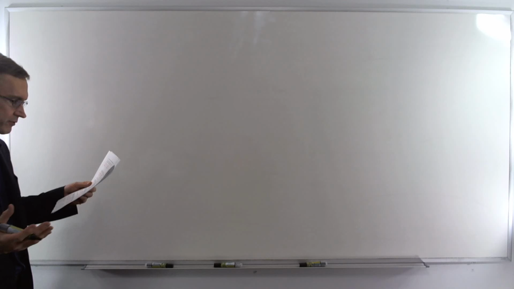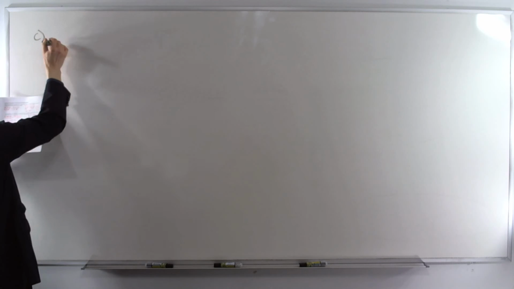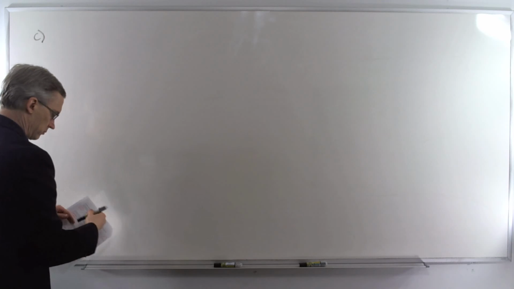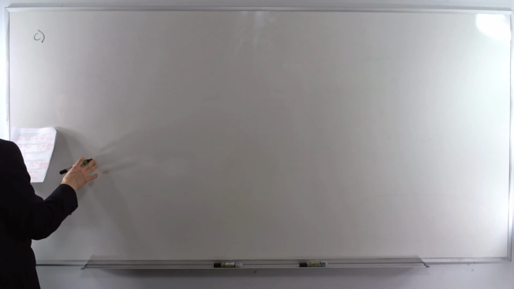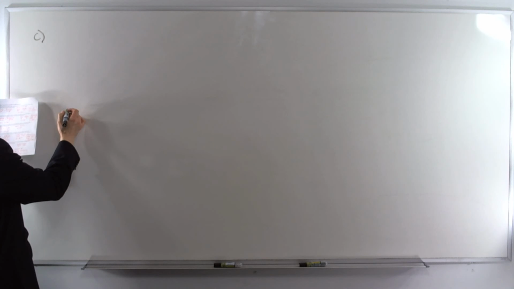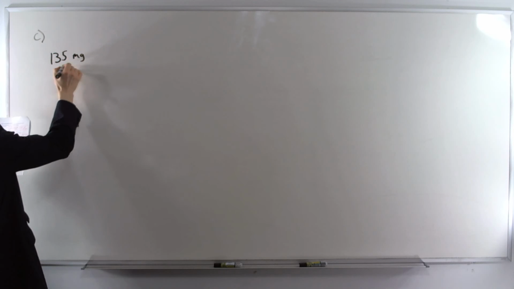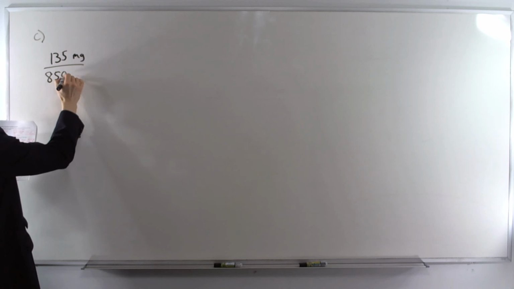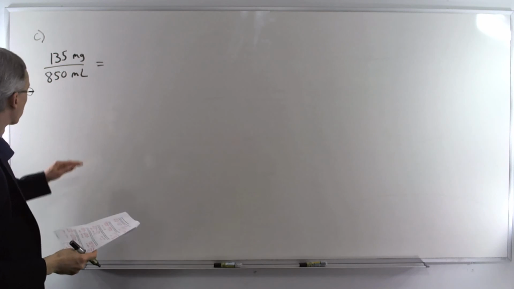So I'm going to write a rate just for the bottle first. So the bottle. The bottle contains 135 milligrams of medication, so 135 milligrams in 850 milliliters. All right, so here's for the bottle.